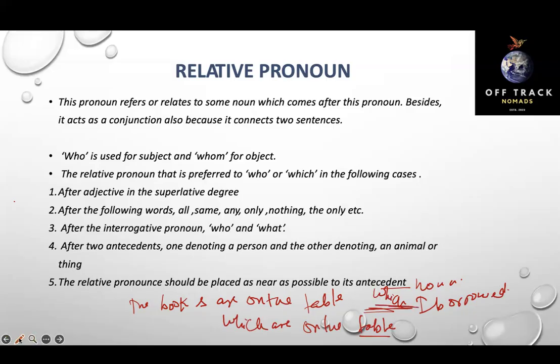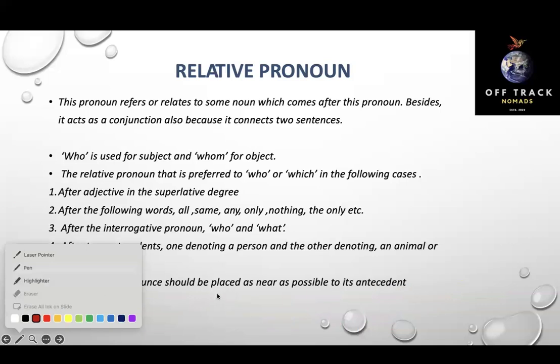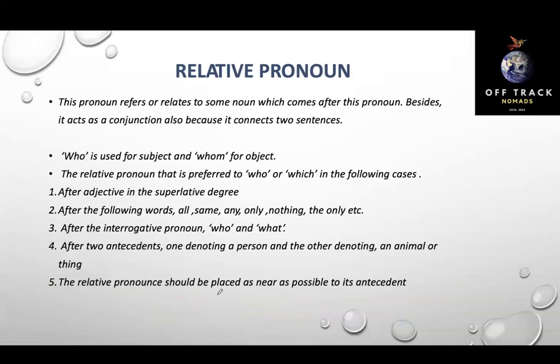Another example we can see here: I have a friend. Let me write it here. I have a friend in Delhi. I have a friend in Delhi who owns a shop in Mumbai. A friend and who. So how can I change this?